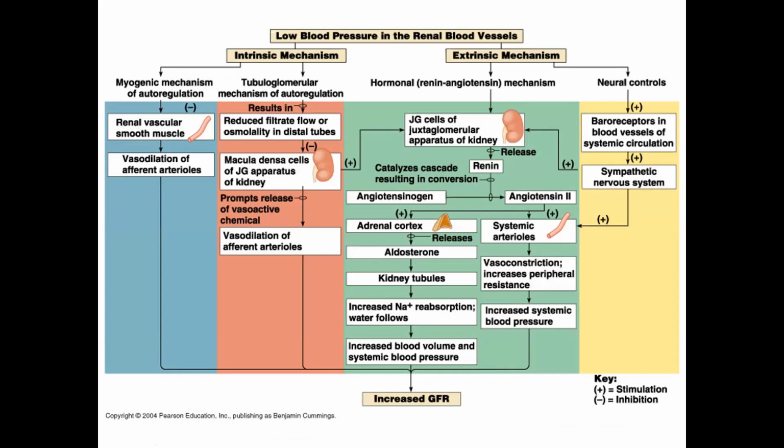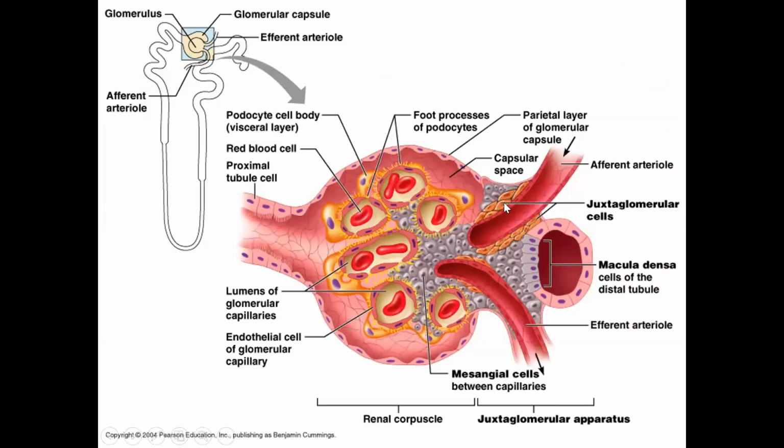Basically, it says the more stretch of the smooth muscle cells, the stronger the contraction. That's called myogenic response. If you look along these arterioles, especially these afferent arterioles, there are smooth muscle cells around.